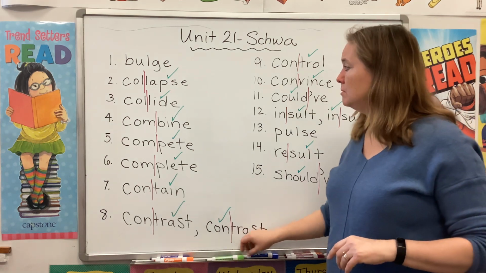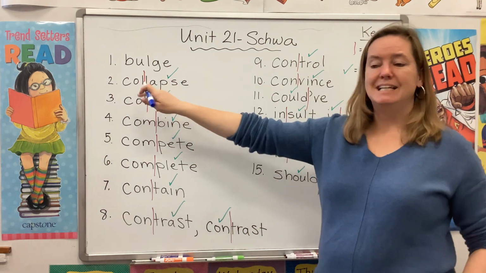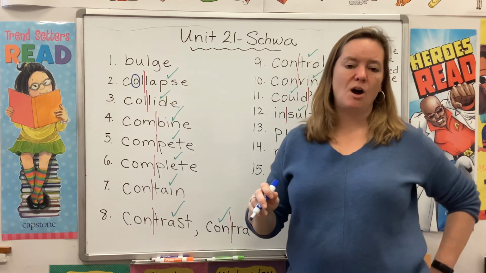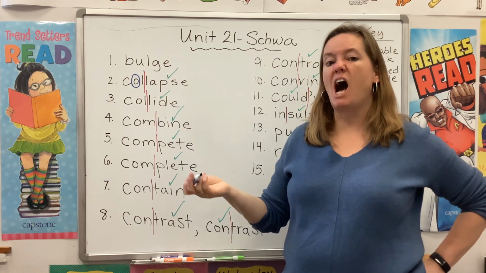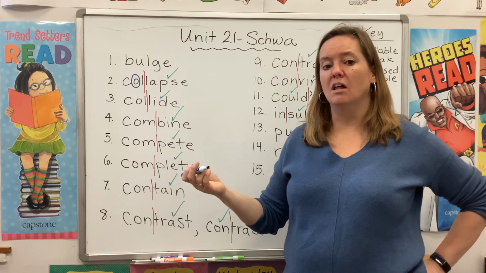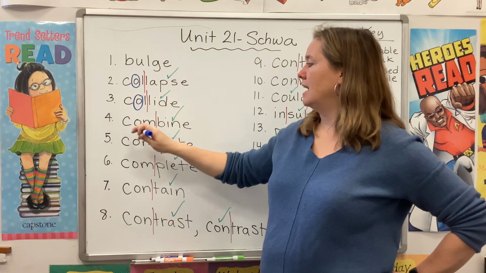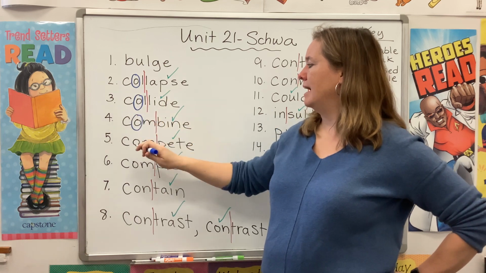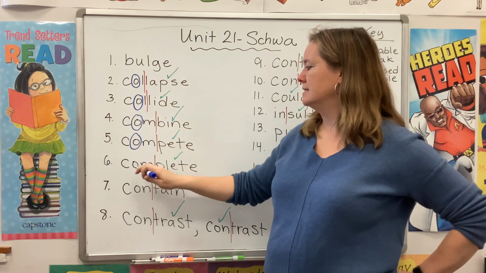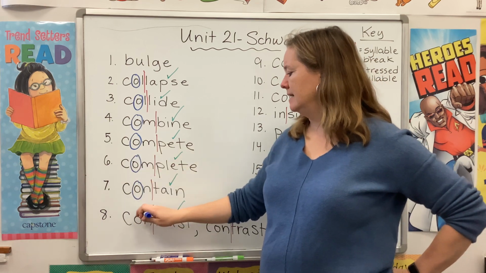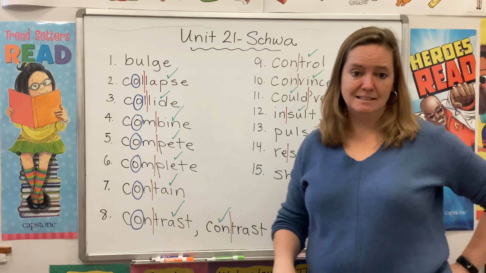In two-syllable words, we see it here, collapse. See how that O doesn't sound like call, it sounds like cull? So collapse, collide, combine, compete, complete, contain, contrast.